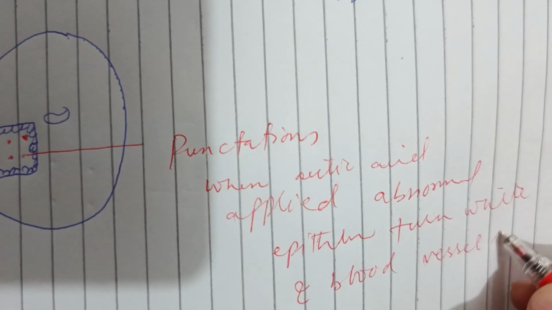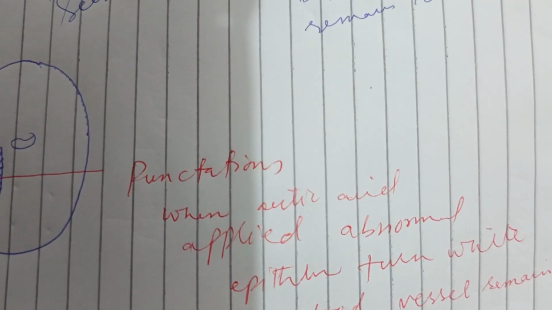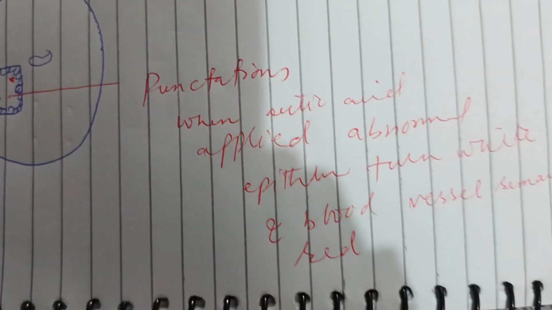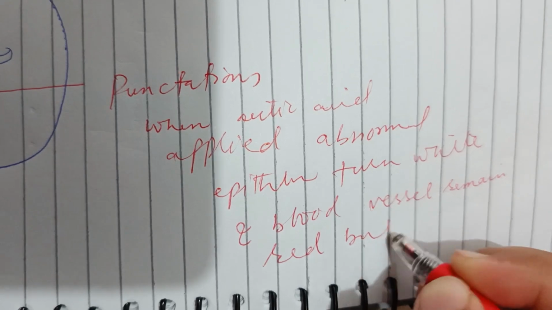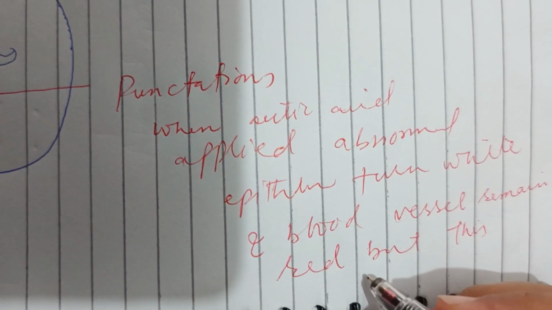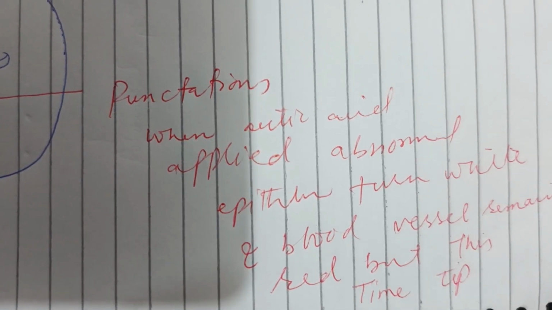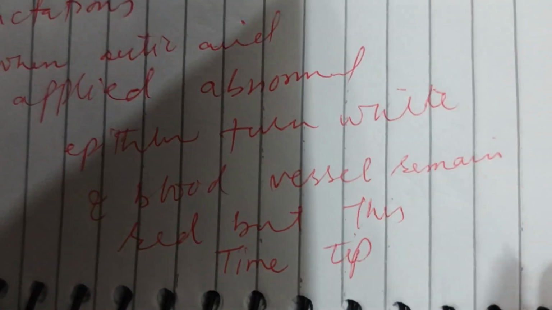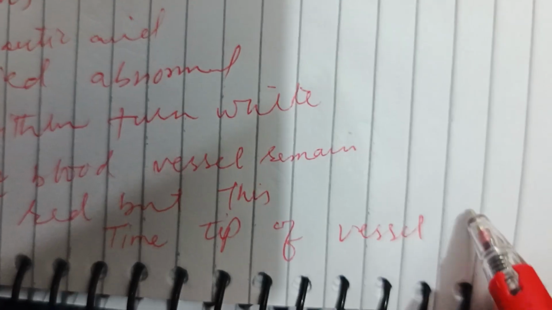In mosaic pattern, blood vessels are seen from the side, and in punctations blood vessels are seen from the top. When we see the blood vessels, they look like a punctum. White with red dots appear. The tips of the blood vessels are seen from above.